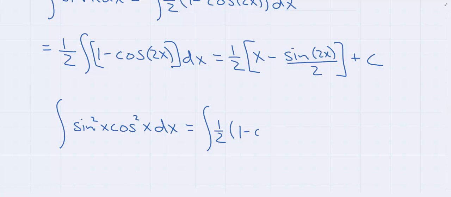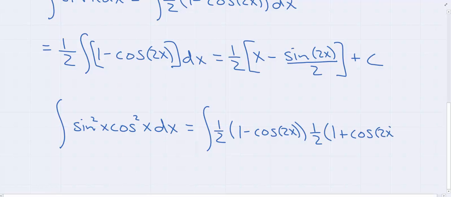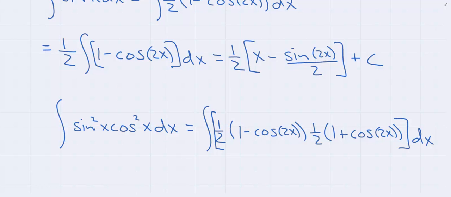We get 1/2 times 1 minus cosine 2x, and I'll replace cosine squared with its version of the power reducing identity, and put this whole thing dx. We rewrite the integral this way, and we're in a little better shape now.